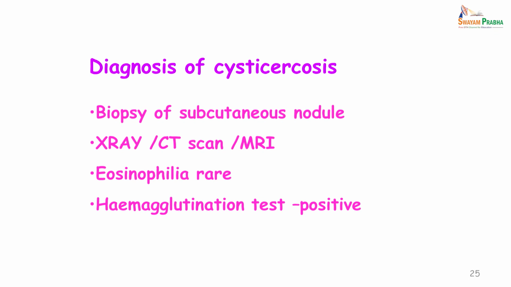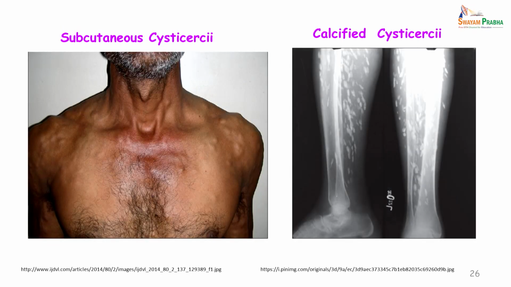Eosinophilia is again rare over here too, and the hemagglutination test will demonstrate the presence of antibodies. So, this is a picture showing you subcutaneous cysticerci present on the left side, and on the right side are the calcified cysticerci present in the muscle of an individual in the legs.